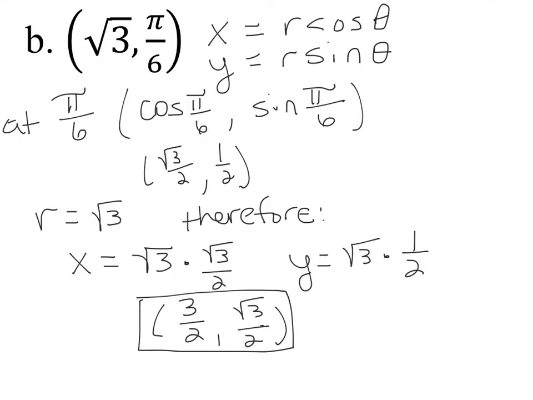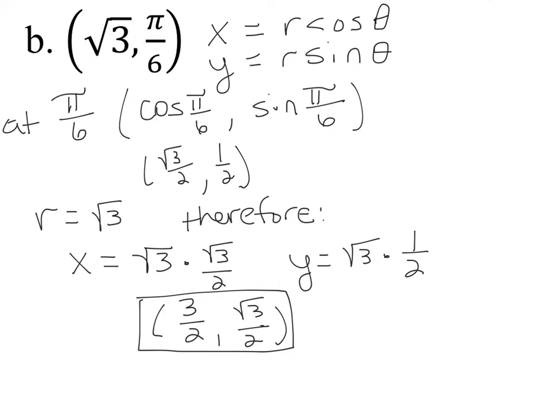Okay, so an explanation of what I've done here. I have my x equals r cosine theta and my y equals r sine theta. So I'm looking for x and y. At pi over 6, cosine of pi over 6 and sine of pi over 6 are root 3 over 2 and 1/2. So these are the values that I'm going to be multiplying times my r, which is square root of 3.